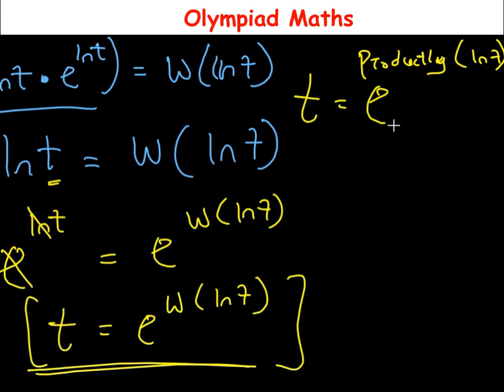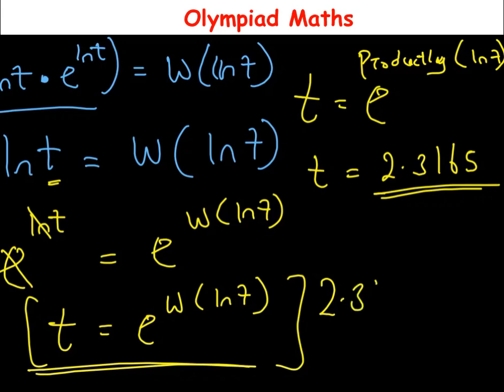Now once you press this, what you will get as the value of t will be equal to 2.3165. This is what you will get as the value of t in 4 decimal places. So that means that once you raise 2.3165 to 2.3165, you will approximately get the value to be 7.